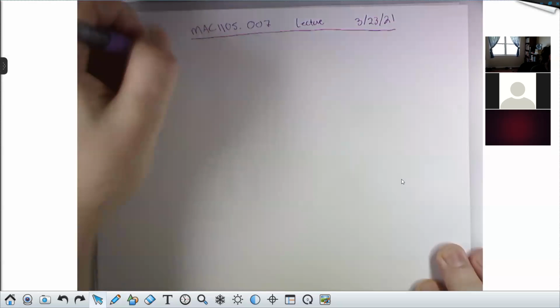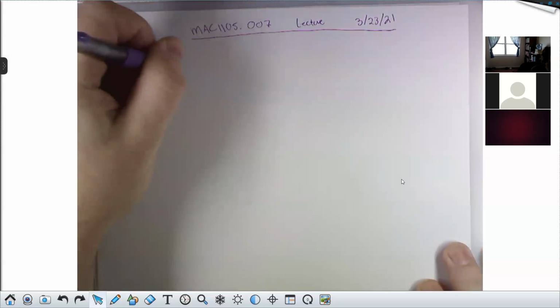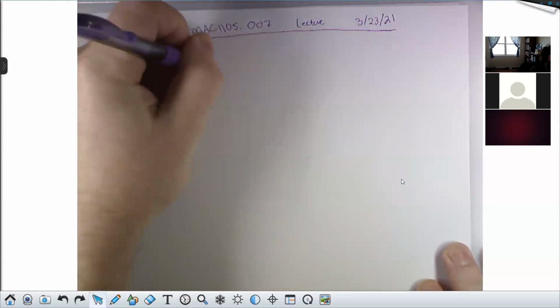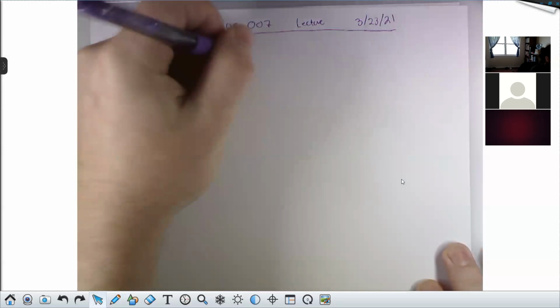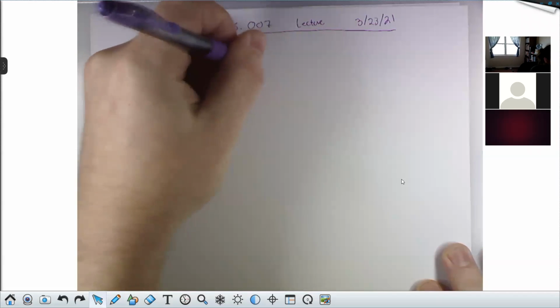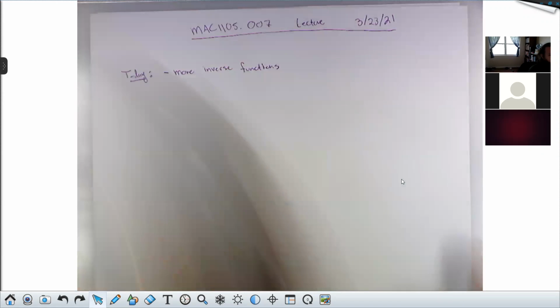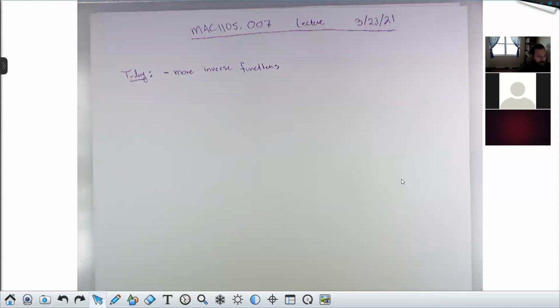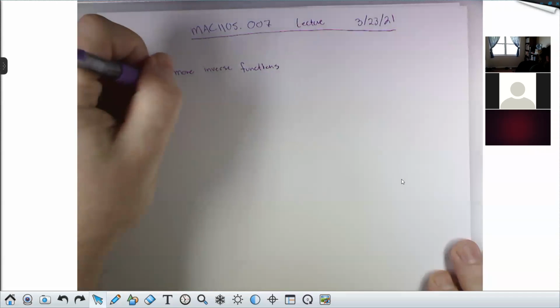Today we're going to talk more about inverse functions. And if there's time, we might start talking about exponential functions, because that is the next topic. So maybe we'll introduce those.